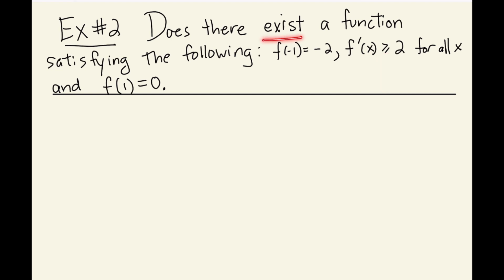So is it possible that I can have a function that satisfies these two conditions and yet f of 1 is equal to 0? I always start by thinking about the growth rate, the derivative, the slopes of the tangent lines have to be at least 2. That is my starting point, and that is where I'm going to end up.